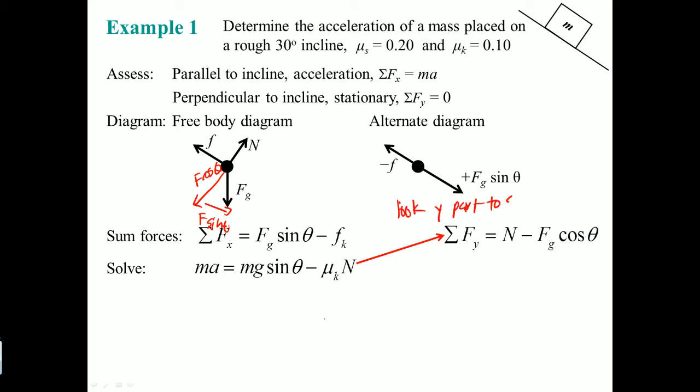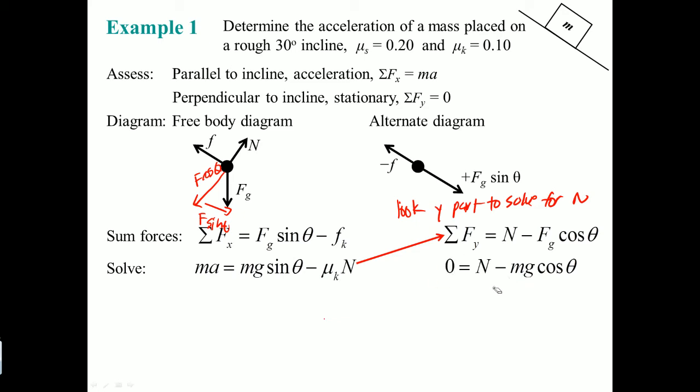So summation of the forces in the y equals n minus Fg cosine theta, and that equals 0 because again we said it right here. The summation in my y direction equals 0. So that is the reason why it is set equal to 0 right here.